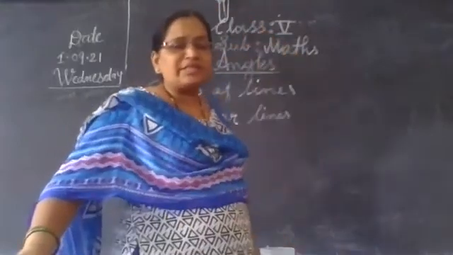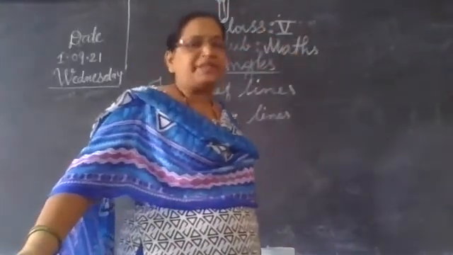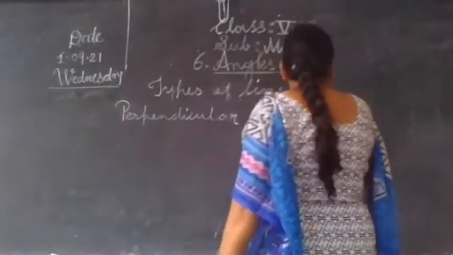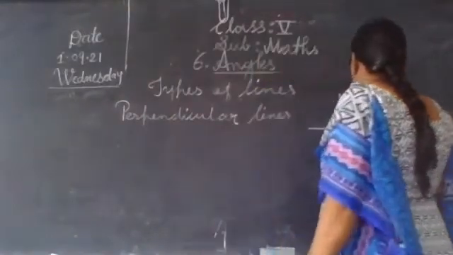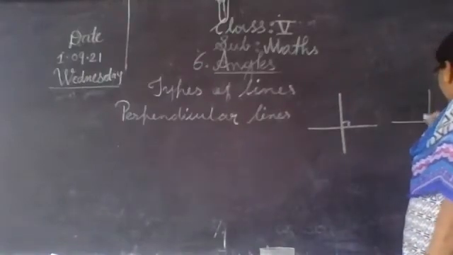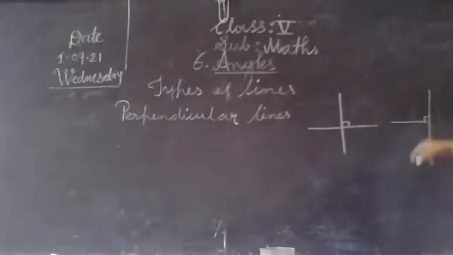When two lines intersect each other at 90 degrees, see children, here is 90 degrees.